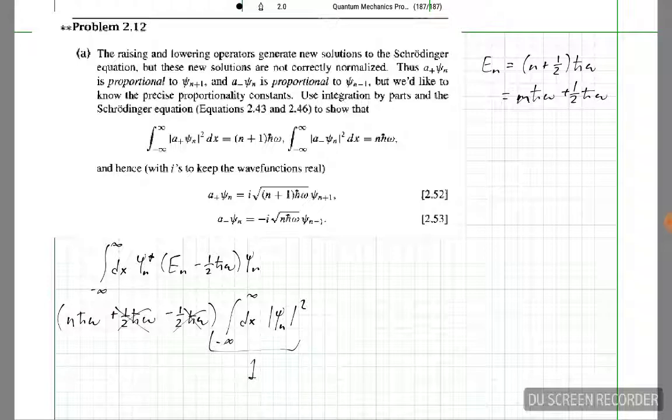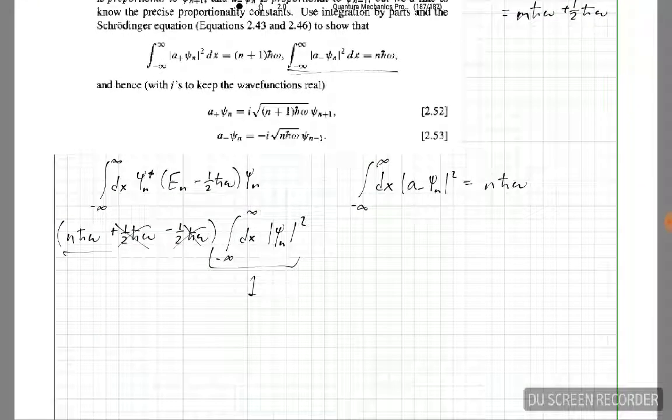These guys cancel out. So my final result, well, not quite final. This result we have, and that's that it equals n h bar omega.